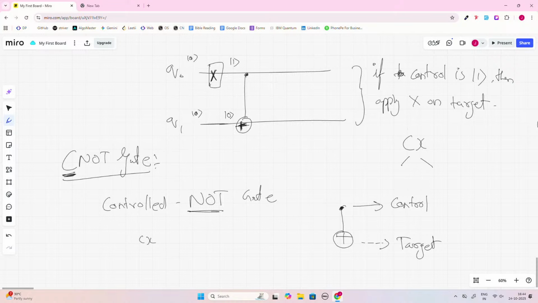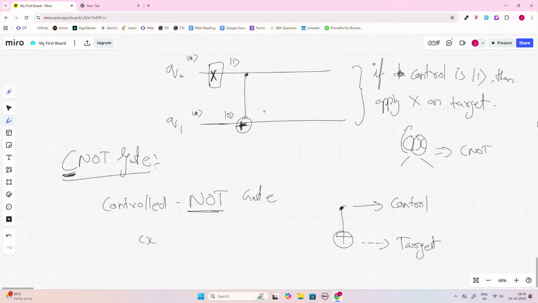Controlled X gate is nothing but the C naught gate. Okay, so what is the meaning of this controlled X gate? It's simple. This X operation is being controlled by this control qubit. This dot defines the control and this plus defines the target. So the meaning goes like this. If the control qubit value is 1, then only apply the X gate to my target. That is the meaning behind it.